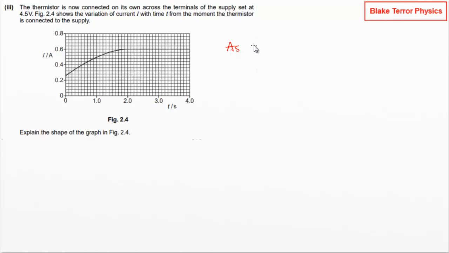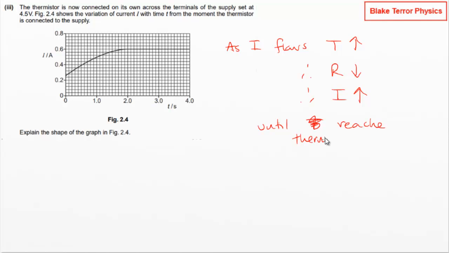So as current flows, T increases, therefore R decreases, therefore I increases until T reaches, let's call this T for temperature there, until thermistor reaches thermal equilibrium. So we're just putting all of that chain together again. So just write those out in short bullet-like sentences.